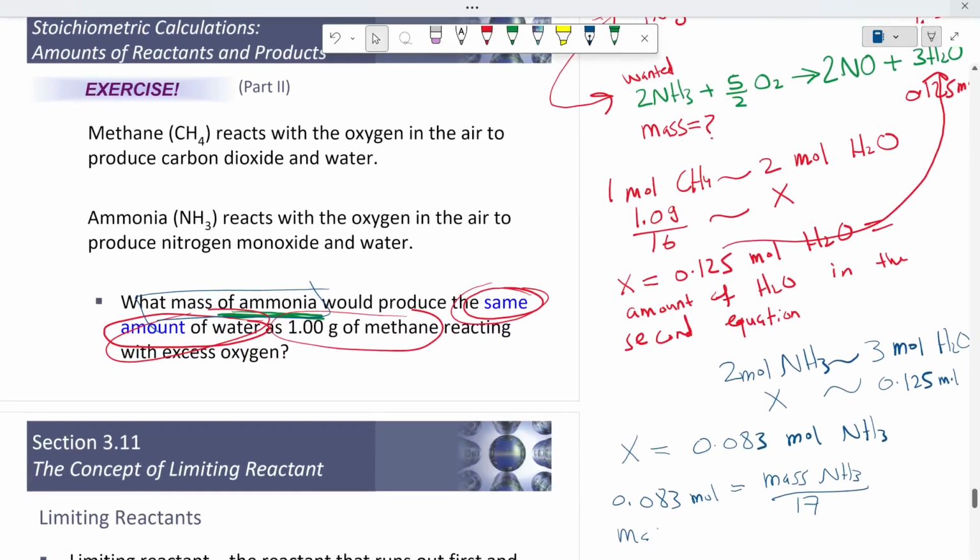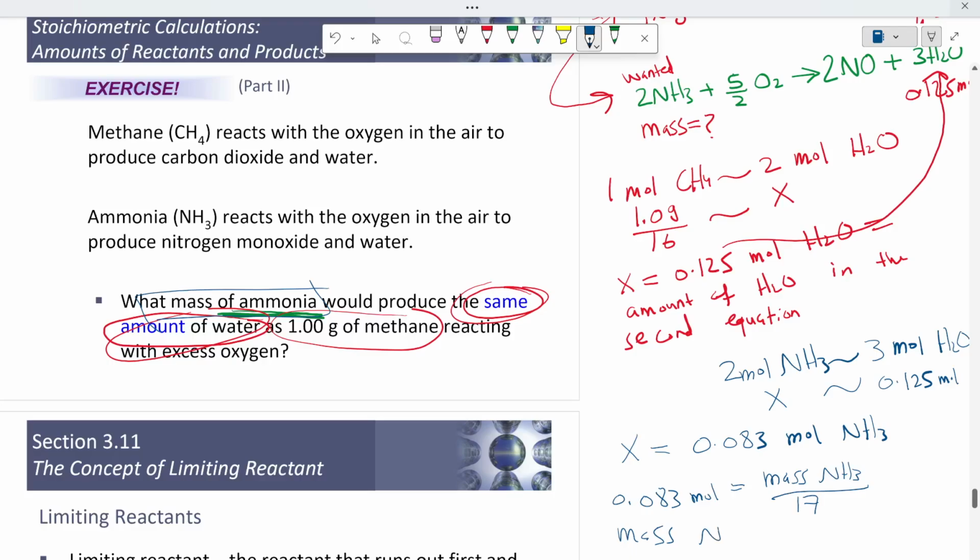So the mass of ammonia is 0.083 times 17. It's 1.42 grams. This is the final answer. It's 1.41 or 1.42 grams.